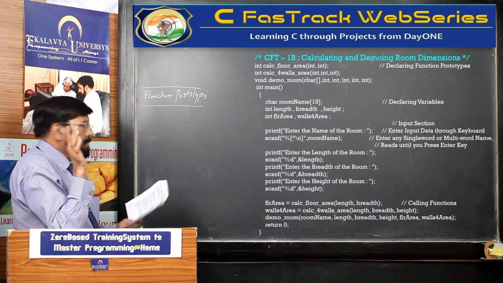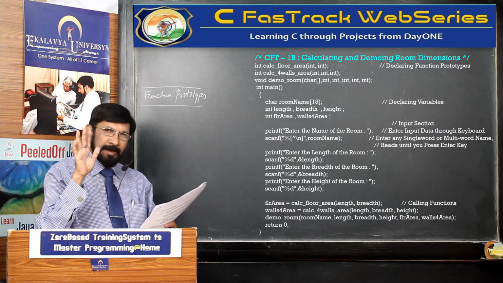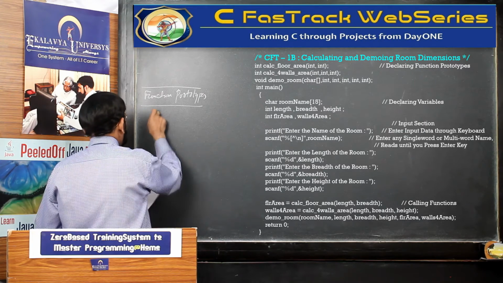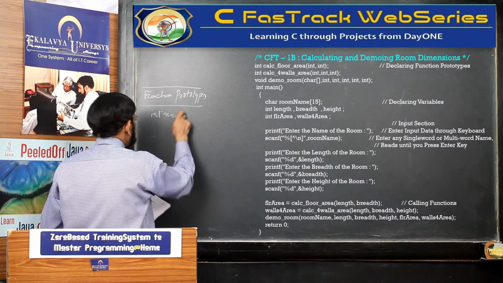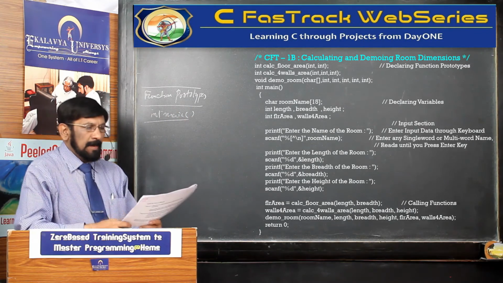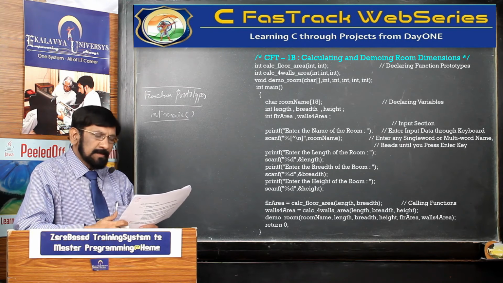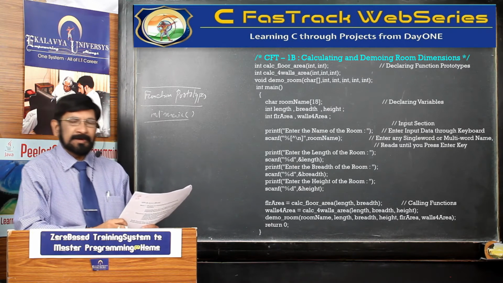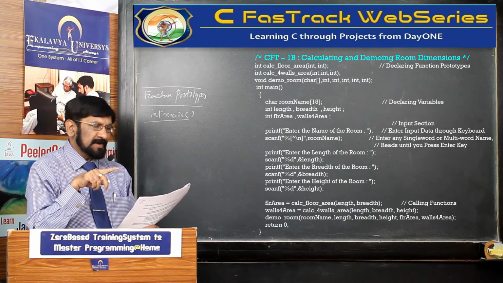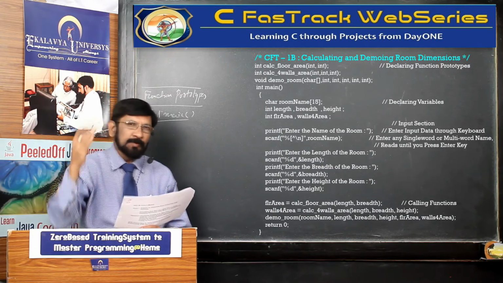That is the function prototype. Whatever functions you are using, all must be declared. That is called function prototype. Thereafter, we write main. Then declaring variables. Whatever I explained in the first program, the same thing is applicable. As far as the declaration section is concerned, there is no difference. As far as function declarations are concerned, conventionally we declare them above the main.